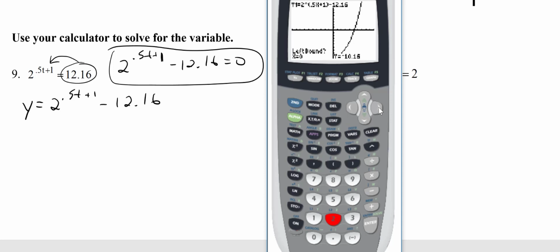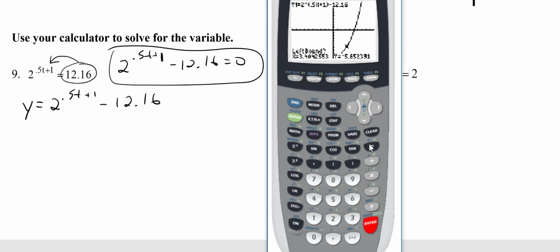And then you guys should know left bound. It's hard to see it on this one. Oh, there it is. Okay.